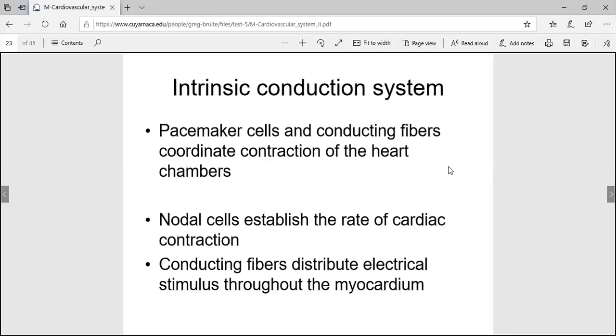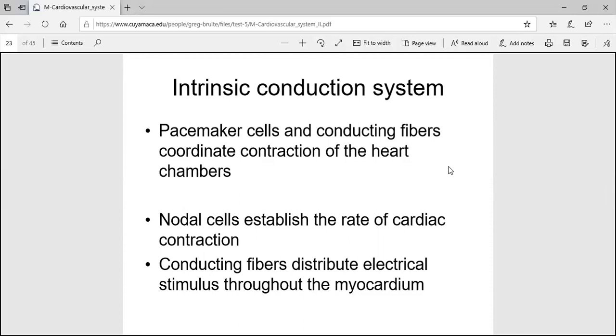Intrinsic conduction system. That's just how does it depolarize? How do the cells of your heart depolarize? So you've got pacemaker cells. We alluded to these a little while back, last lecture. The SA node, sinoatrial node. That's your normal pacemaker. You have a backup pacemaker called the AV node.